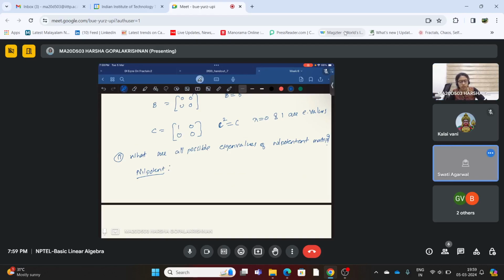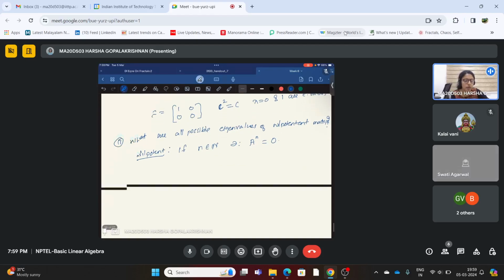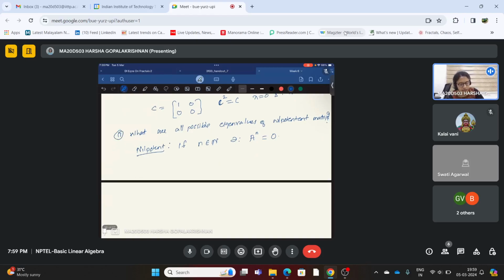No, ma'am. Okay. If there exists some n in the natural numbers such that A power n equals 0, that is, A power n is the 0 matrix, then such a matrix is called a nilpotent matrix. So we will do the possible eigenvalues for the nilpotent matrix very quickly.